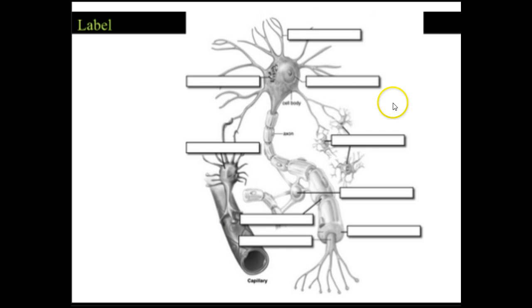And then here we have actually a picture of a neuron that you will need to label in the next assignment. So if you're looking here, a couple of things that we can identify right off the top is we see the cell body is right here. We have the nucleus, our dendrites.